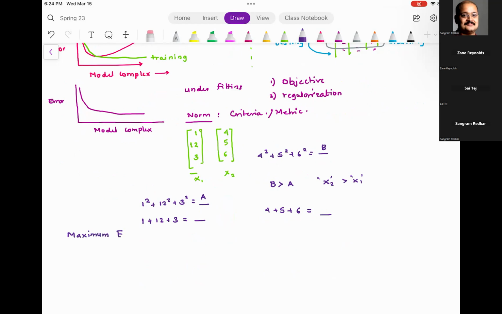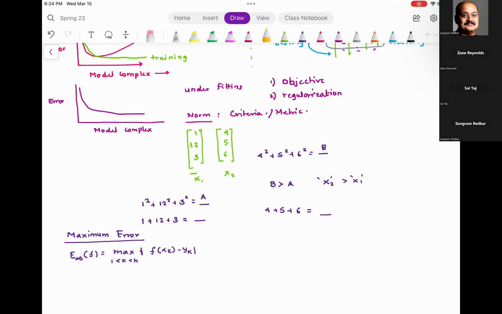This maximum error norm is defined as E infinity of function f, which is equal to the maximum, and basically you run this increment from value 1 all the way to the value of n, of the absolute value of f of xk minus yk.